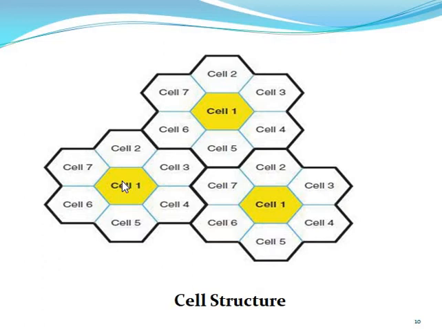This is important because each cell has an antenna, and the distance is the same for the neighboring cell. It is not compulsory, but mostly the cell distance is the same, so one cell can communicate directly with another cell. This is the cell structure.